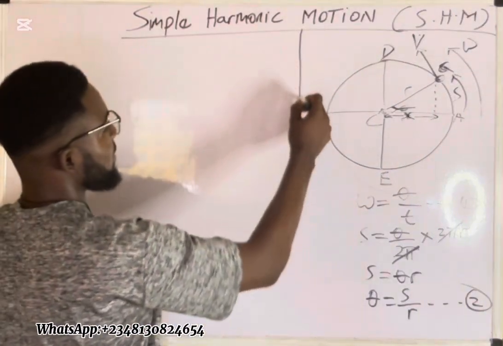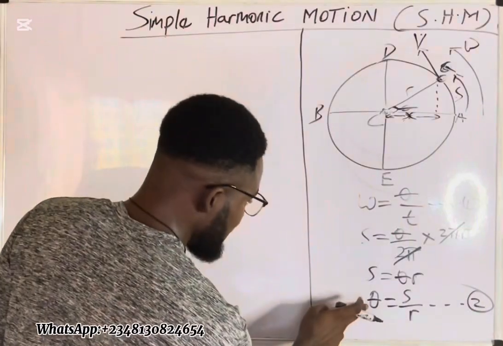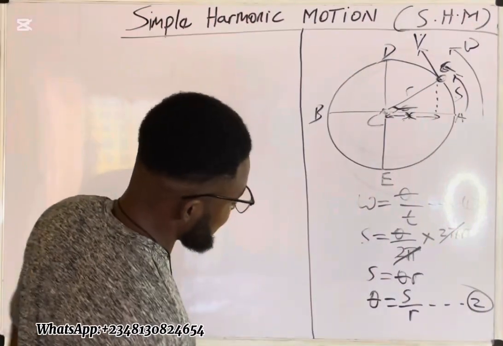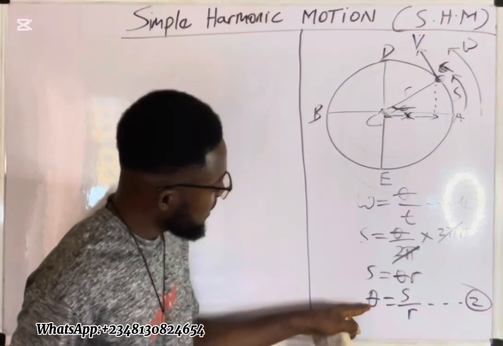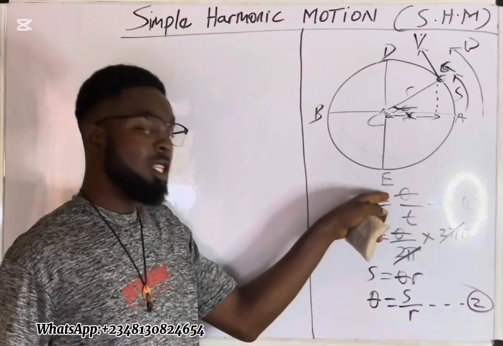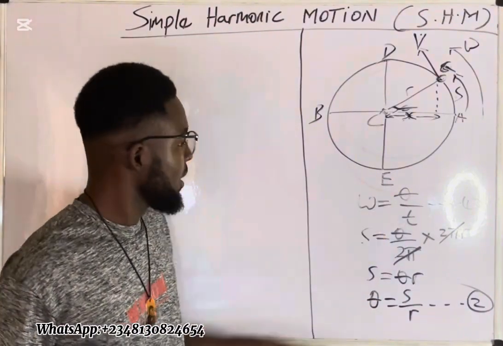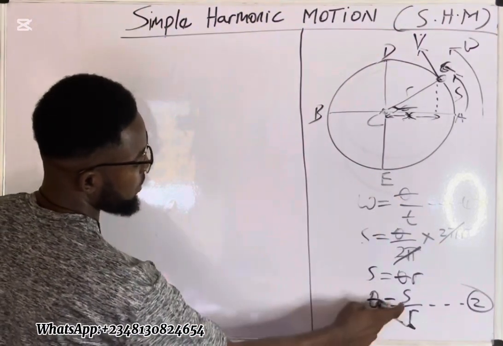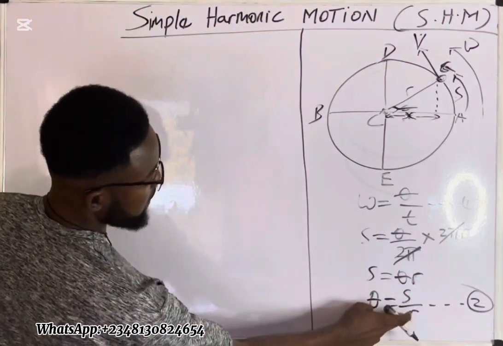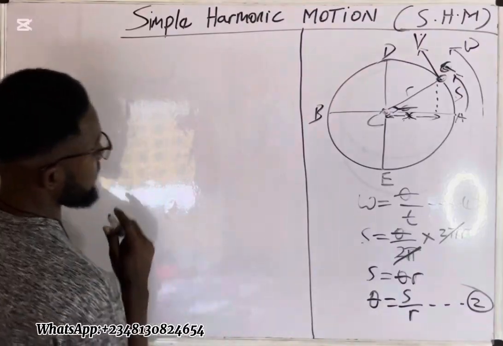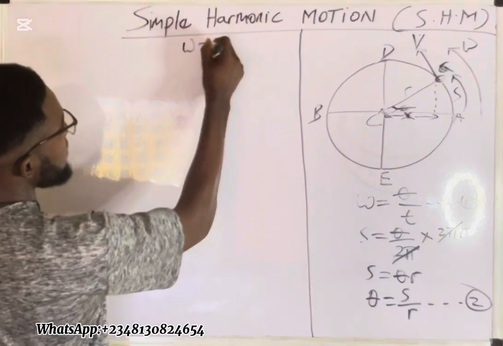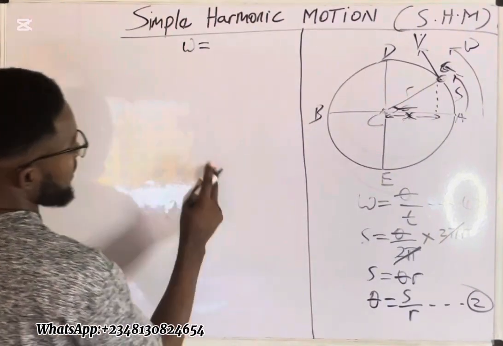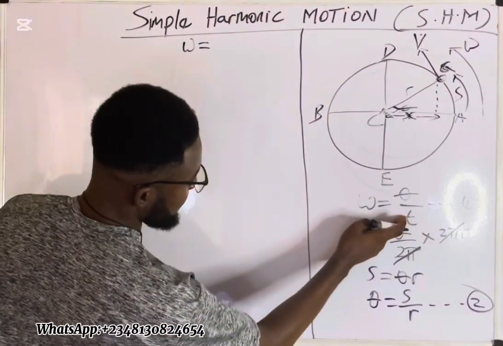All right. Now from this equation, you can see that we have theta here. We can equally put equation 2 into equation 1. So I can decide to replace theta right here with displacement divided by radius. So therefore, angular speed is equal to theta divided by time.